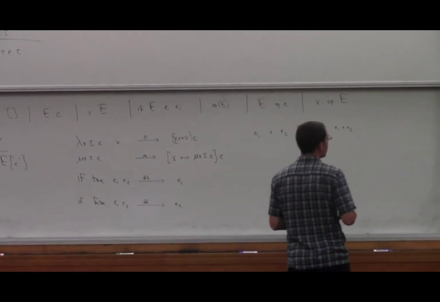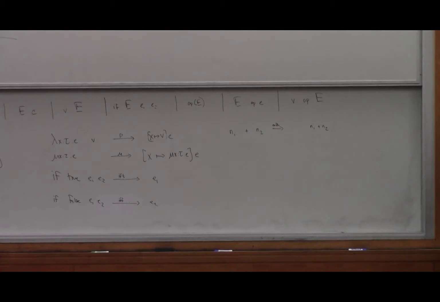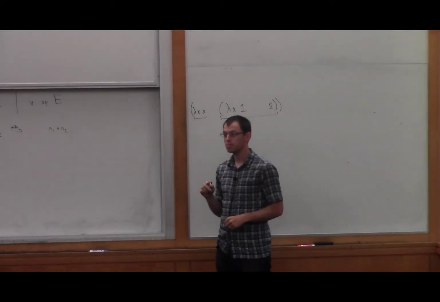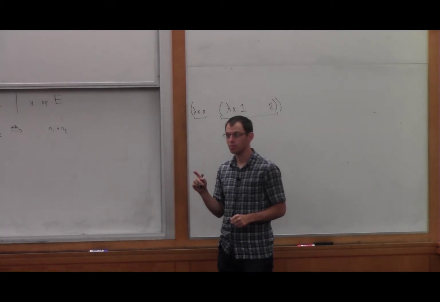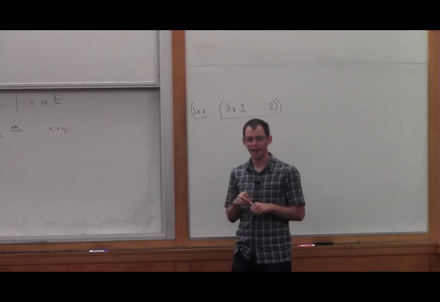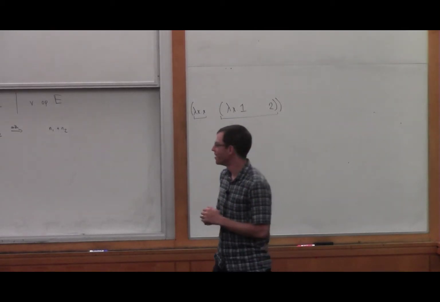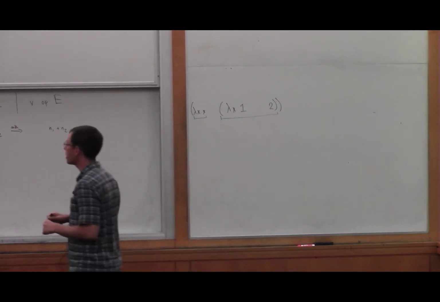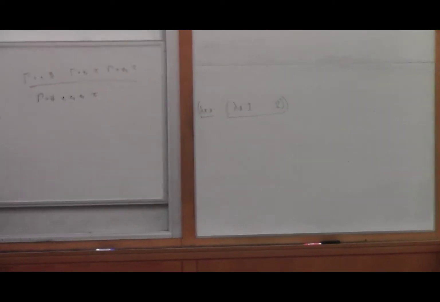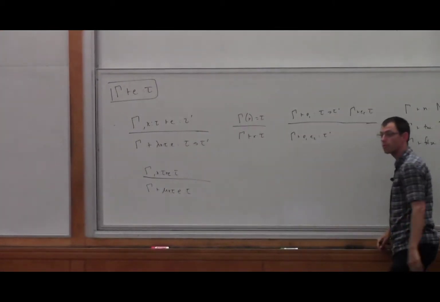Okay, so now we need a value. So is this a value? How many people think this is a value? Okay. Unfortunately, that's a bad sign. Democracy wins. So if we look at our grammar of values again, there's our grammar of values.